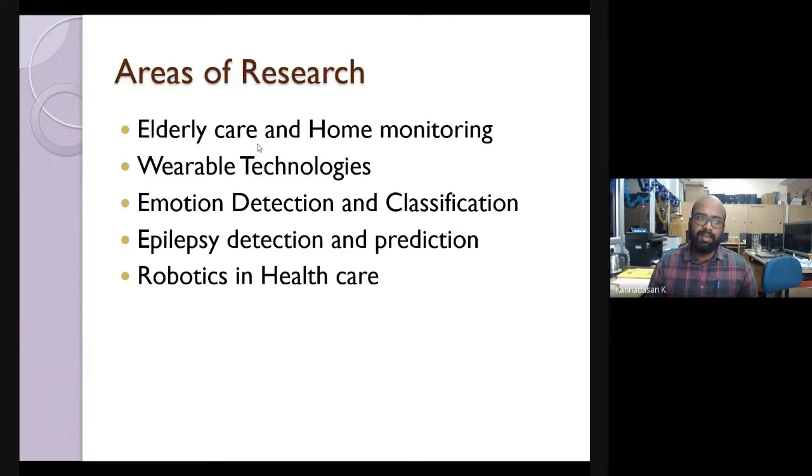We can place a sensor on them, and whenever the sensor reading goes high, you can get a notification on your mobile that they are not well, so that you can call 108 or an emergency number and ask them to go to that particular area to take care, or you can go directly. So this is one research area. These are all open areas. You can collect the signal, design your experiment and work accordingly.